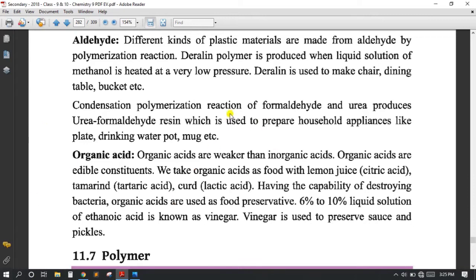Condensation polymerization reaction of formaldehyde and urea produces urea formaldehyde resin, which is used to prepare household appliances like plates, drinking water pot, mop, etc. So in polymerization reaction, formaldehyde is used. So you should know the formula of formaldehyde.